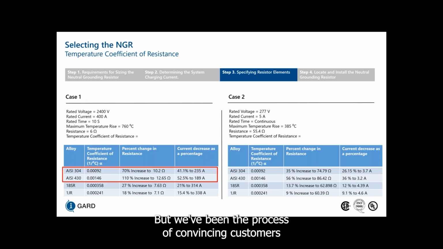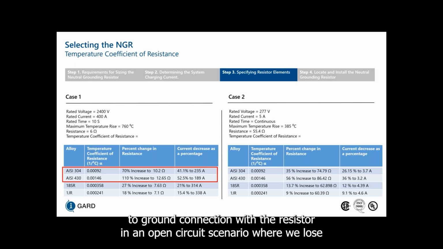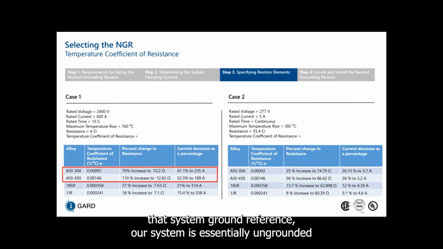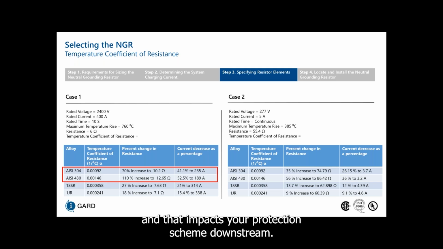But we've been in the process of convincing customers of the benefits of having open and short circuit detection. For example, if your system ground is strictly dictated by this X0 to ground connection with the resistor, in an open circuit scenario where we lose that system ground reference, our system is essentially ungrounded, and that impacts your protection scheme downstream.